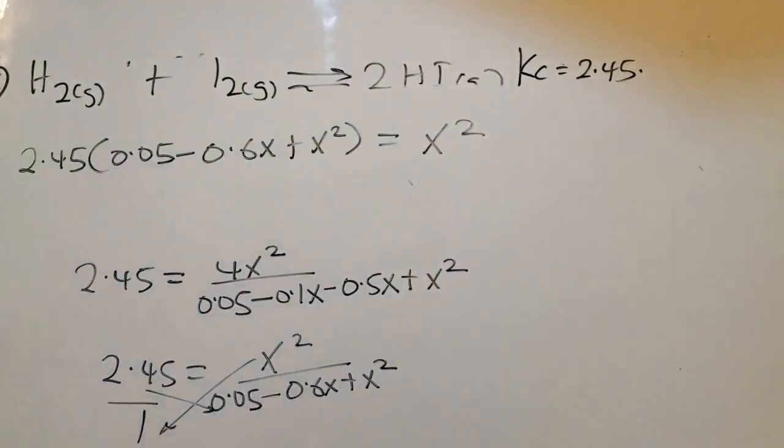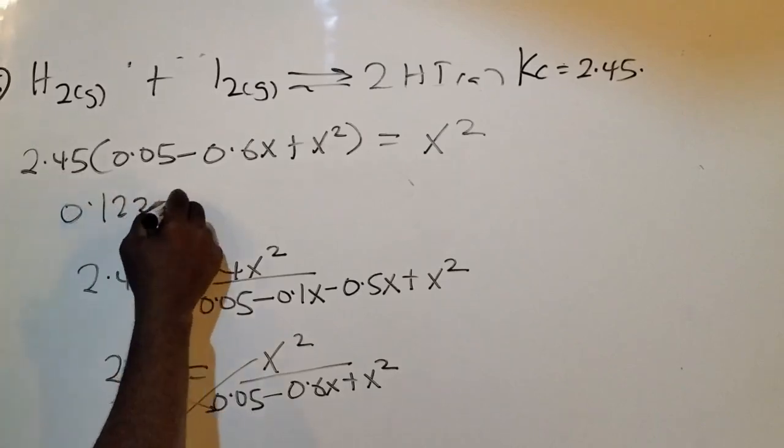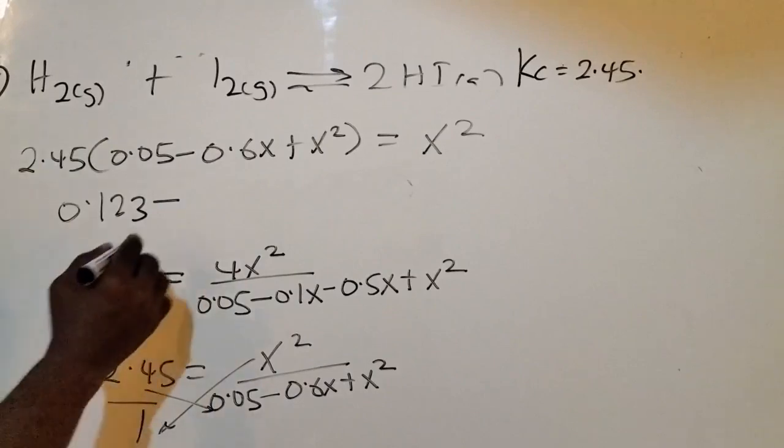Open the bracket: 2.45 times 0.05 gives approximately 0.123, minus 2.45 times 0.6, which gives approximately 1.47S.